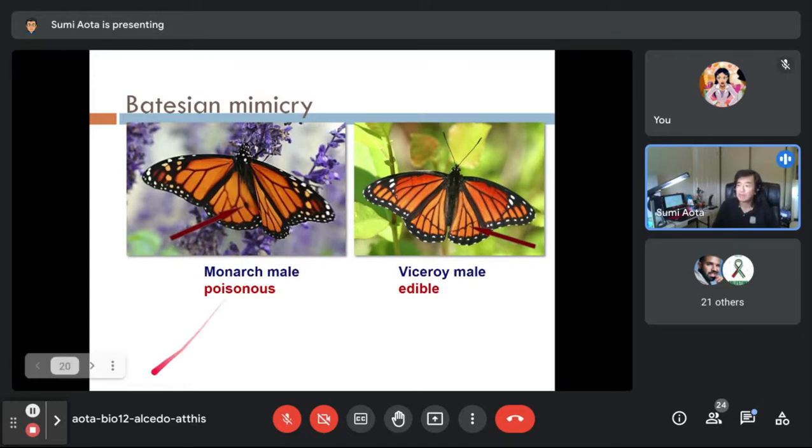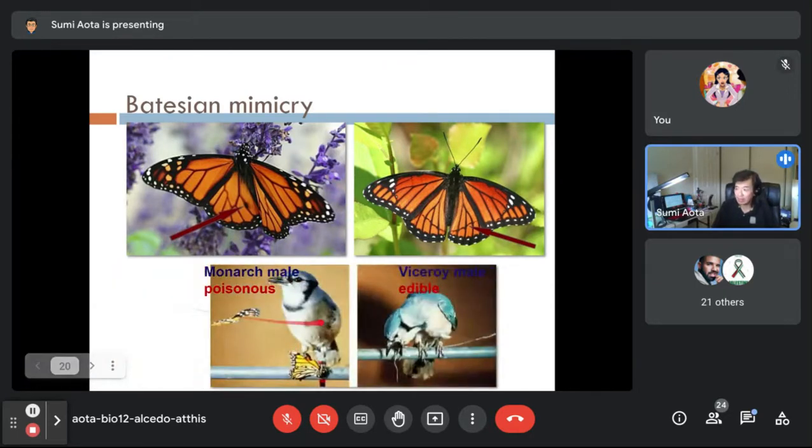So if a naive bird, a bird that has never had a monarch butterfly before, comes along and eats a monarch butterfly, 20 minutes later or so, this is the reaction of the blue jay. Okay? This bird, now that it's gone through this experience, will never touch another butterfly that looks even remotely similar to a monarch.